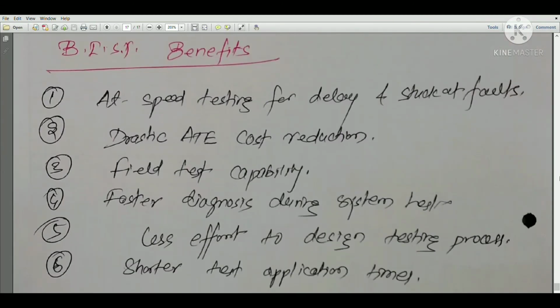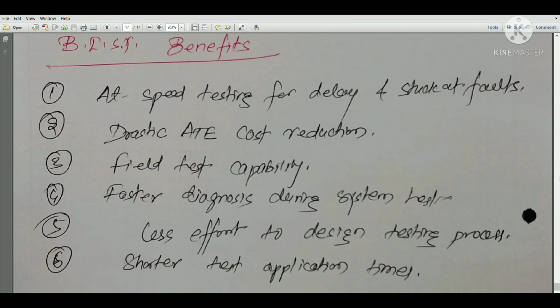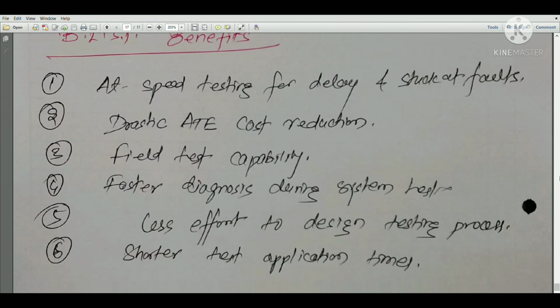First, at-speed testing for delay and stuck-at faults. So stuck-at faults and delay faults are tested very smoothly. Second, a drastic ATE cost reduction. When you apply automatic test pattern generation, the cost is higher, so cost reduction is there in case of BIST. Third, it has field test capability.